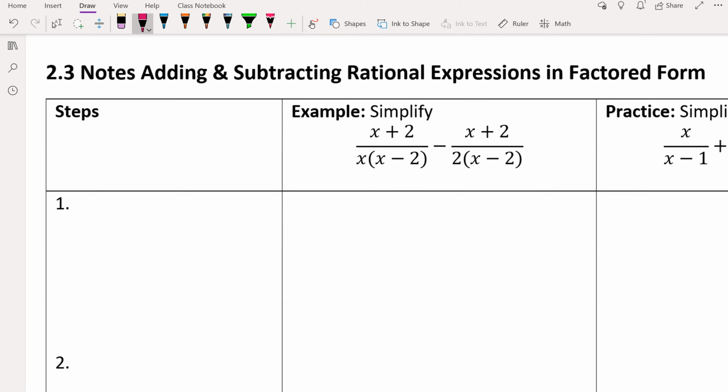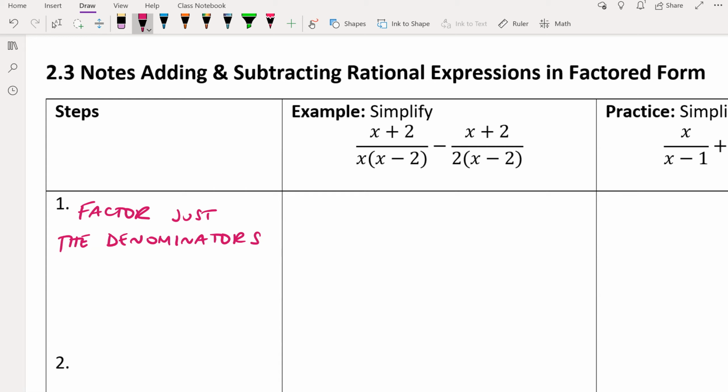Okay, so first step is factor, and this is for subtracting or adding, factor just the denominators. So when you're adding or subtracting, you need to factor just the denominators. Remember, when we were multiplying and dividing, we had to factor everything.